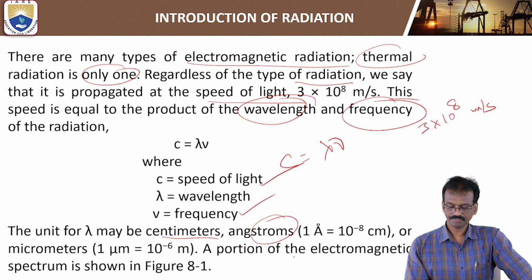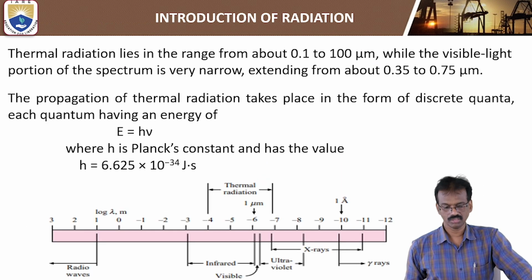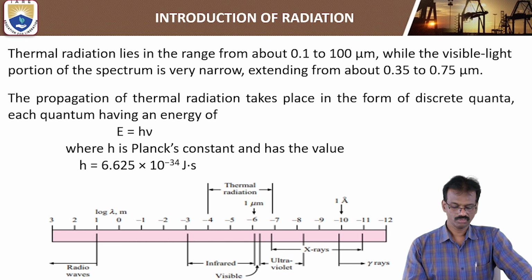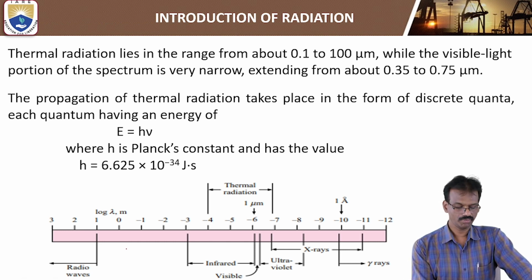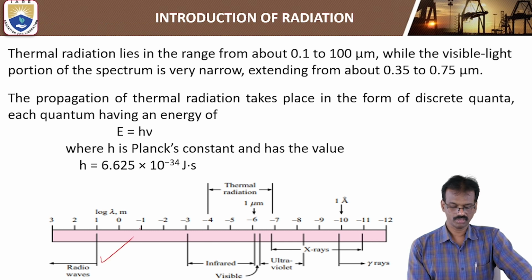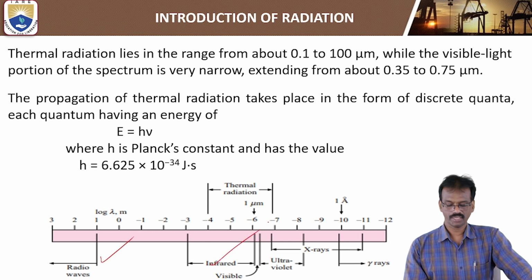The portion of the electromagnetic spectrum is shown in the figure. Here we can see different types of rays: radio waves, infrared, ultraviolet rays, X-rays and gamma rays.